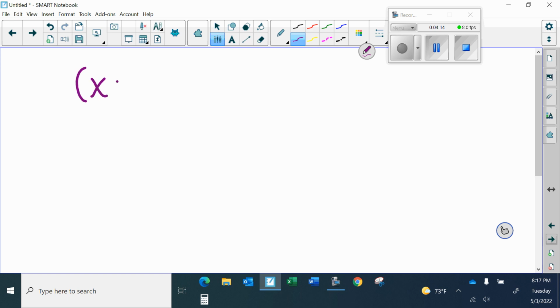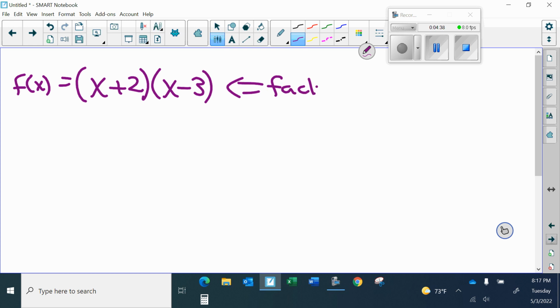we had multiplied binomials together before. Let's say I have this right here. Okay. We've already done that earlier. And that helps to understand where we're going. This is called factored form right there. So if I have f of x, function notation, that right there is called factored form. Depending on where you've hit quadratics, you might have already done this.